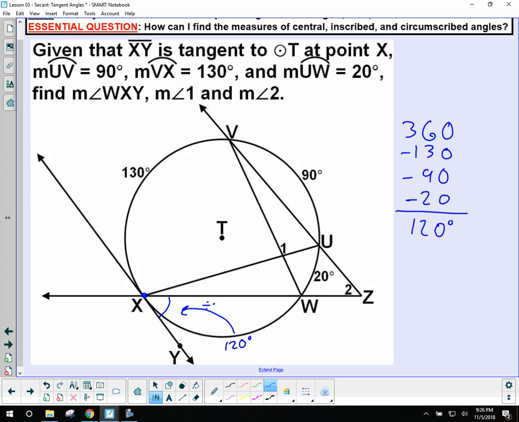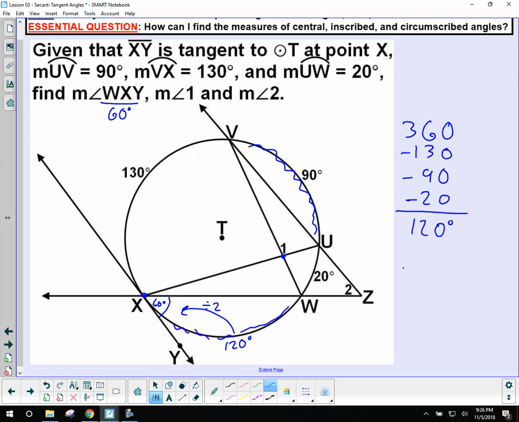Yeah, nailed it. Angle 1, inside the circle. That's the sum of the intercepted arcs. So that's going to be this 90 and this 120 we just solved. So yep, that's right, 90 plus 120. Doesn't matter which one's first because you're adding.